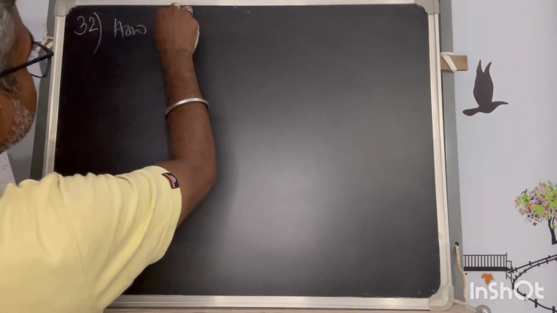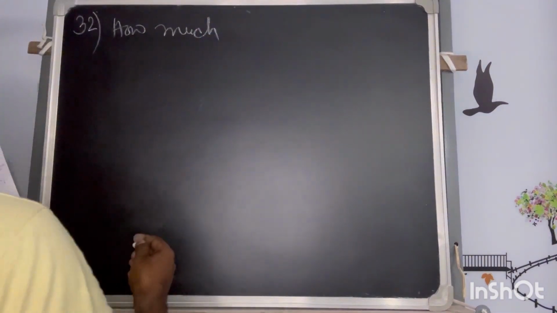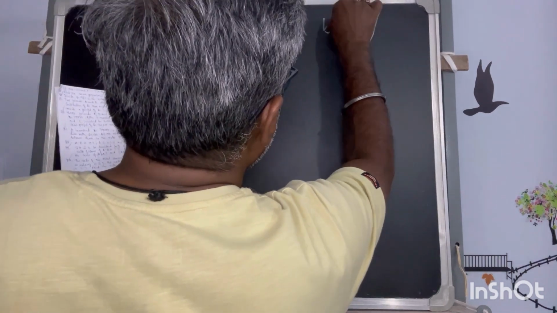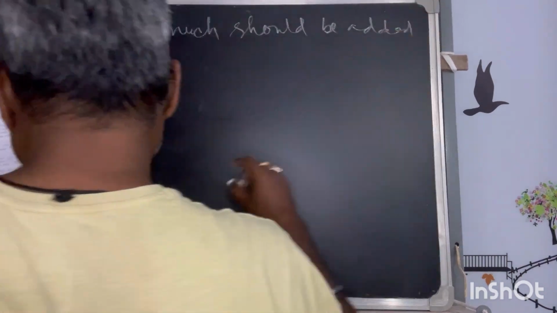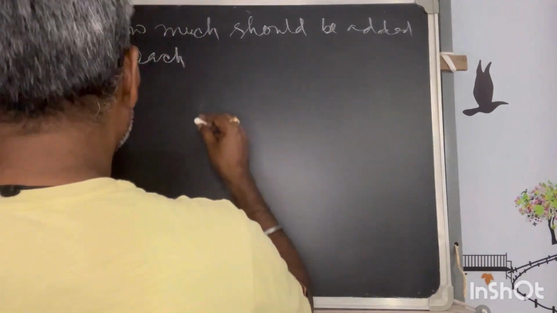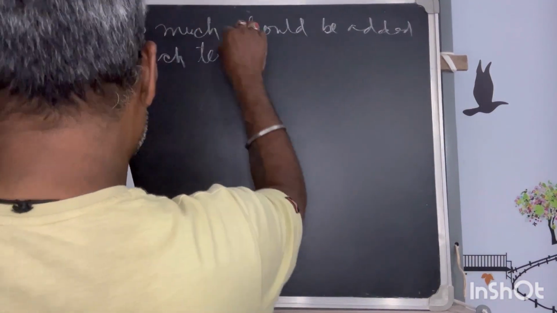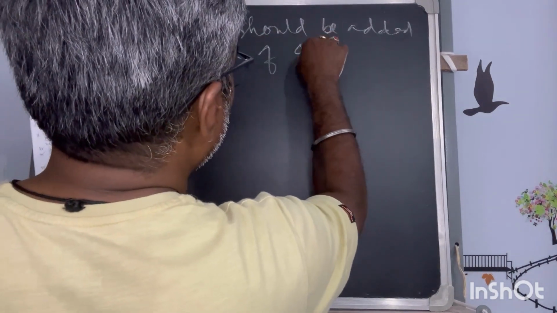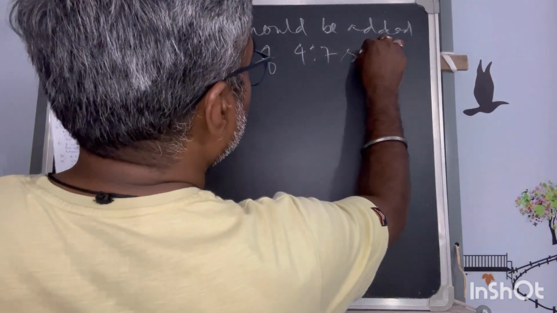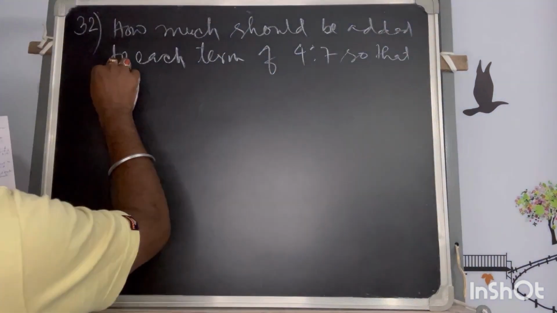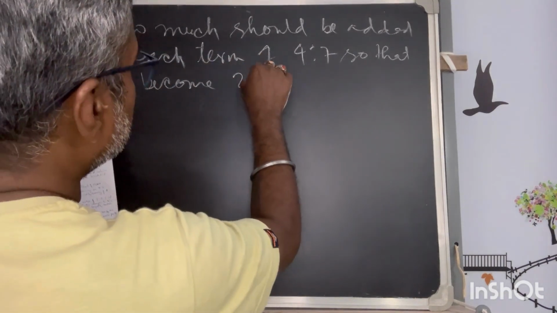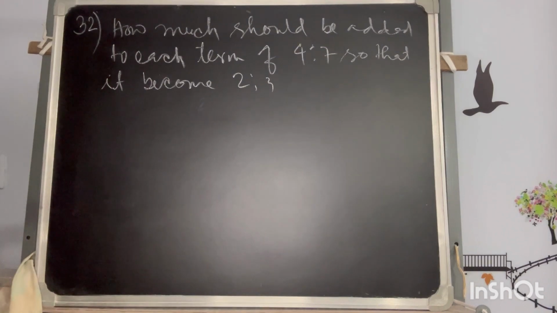How much should be added to each term of 4:7 so that it becomes 2:3? So this is a very simple thing being asked.